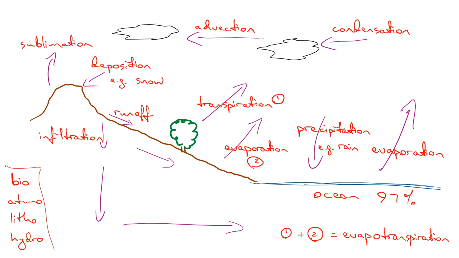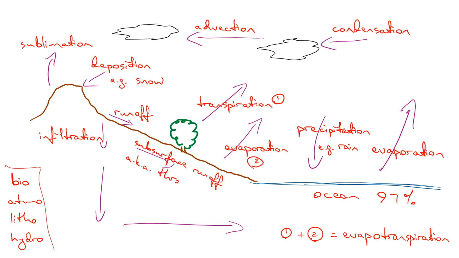But then we could have runoff a little bit below the surface. You could call it subsurface runoff. In fact, we'll give it two names here. So we could have subsurface runoff, or you could use a bit of a different name, through flow. So also known as through flow.